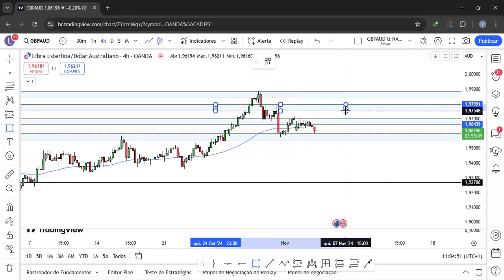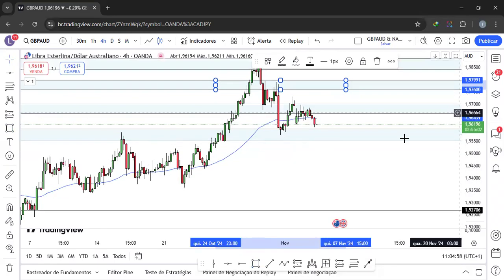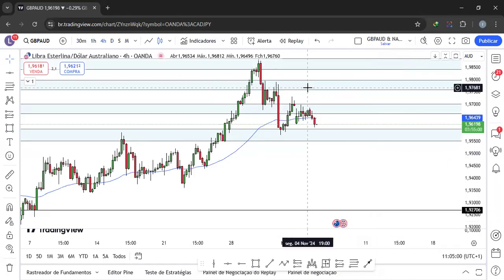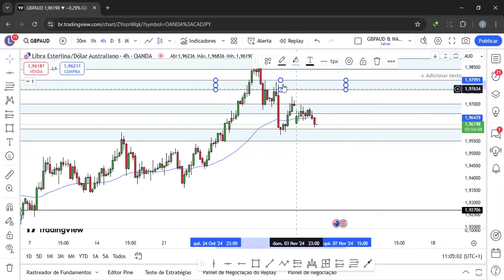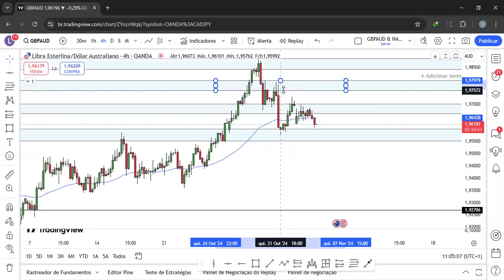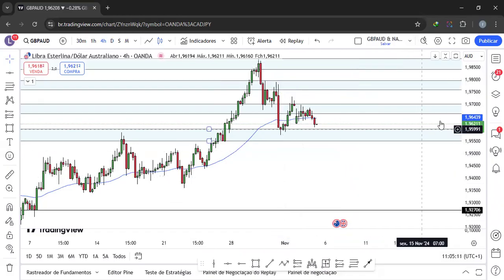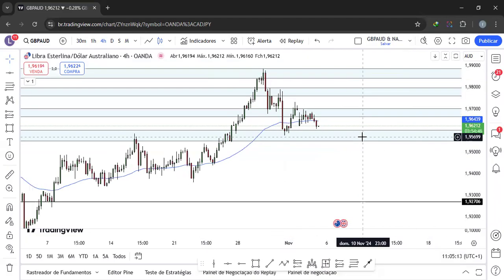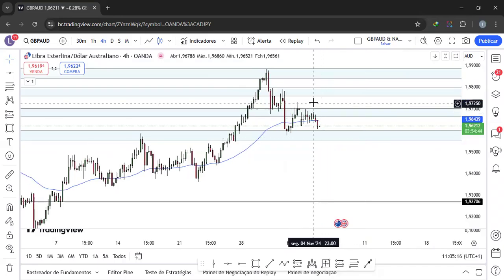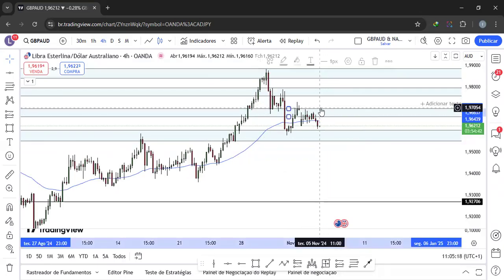So as I said before, on the time frame that we're going to use to place a position, we're going to use daily levels and 4 hour time frame levels too, and the patterns to enter the market. We're going to draw them in the 4 hour or 3 minute time frame.